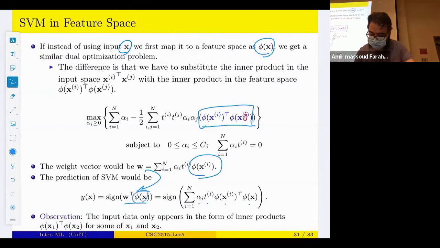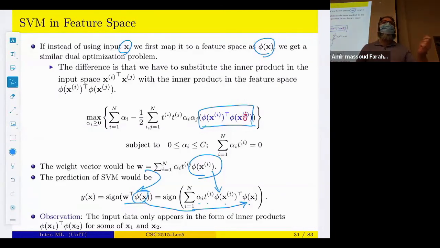So this phi of x comes from here, and this phi of xi comes from the form of W. So you see that, again, in order to compute the prediction of a support vector machine in this feature space, I only need to be able to compute the inner product of phi of xi with phi of x. And if I can compute that, then that's all I need.